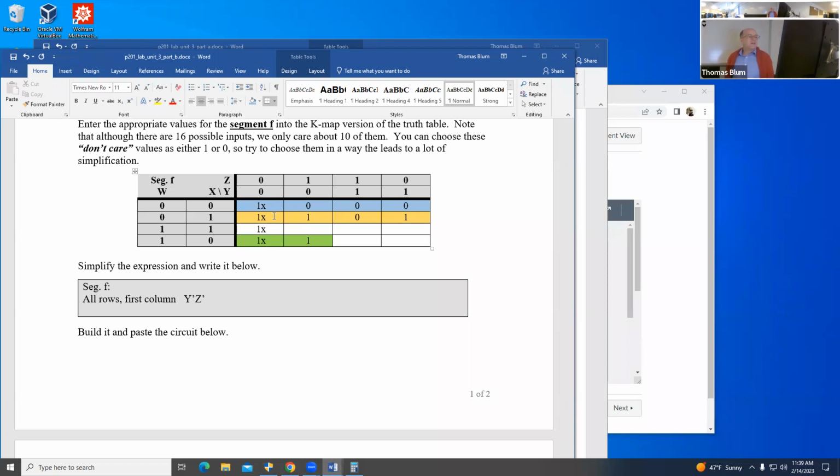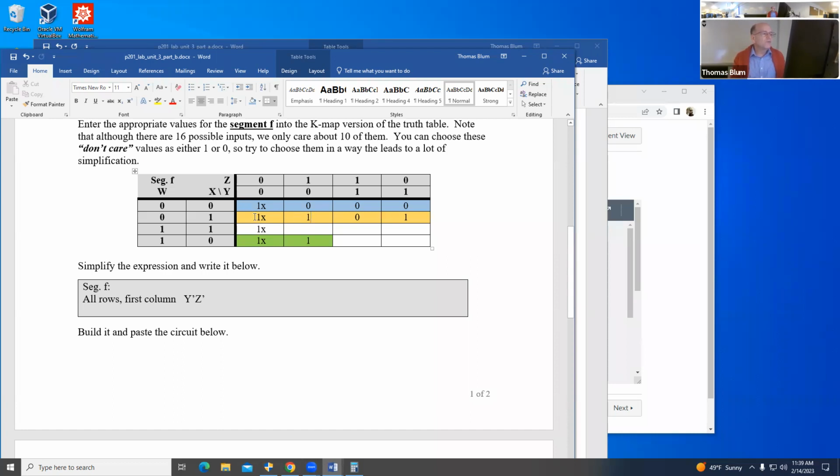So let's find the next one that I want to deal with. So here's a 1 I'd like to deal with. I can't go up. There's a 0. I can't go over to the right. There's a 0.